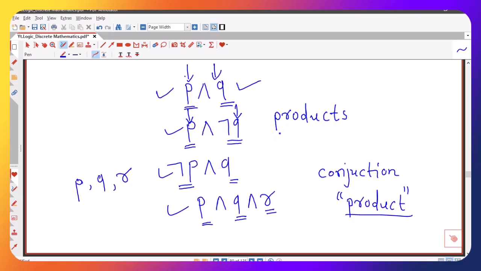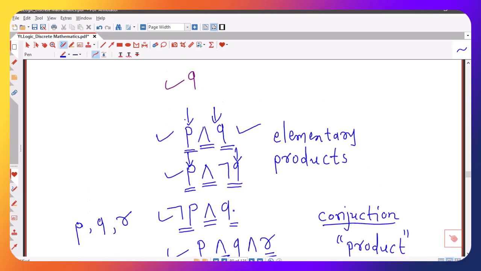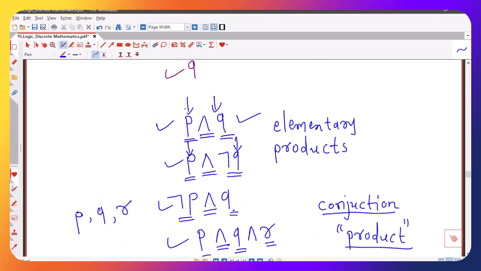This type of product or conjunction is given a special name. They are called elementary products. Elementary products or elementary conjunctions means in a product we have variables or their negations, and we are using the AND operator or conjunction operator only, not the conditional operators.